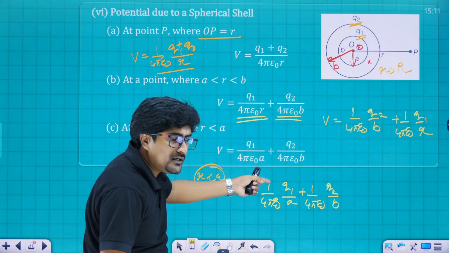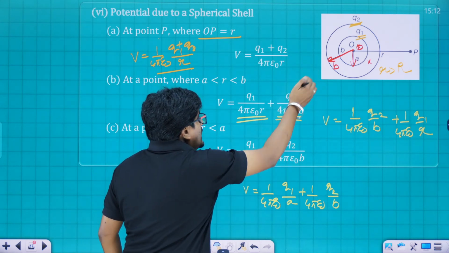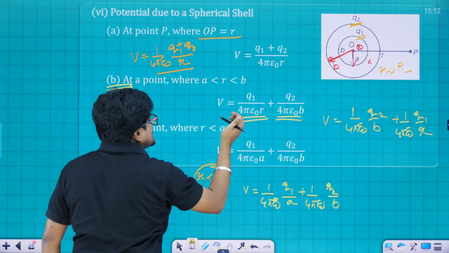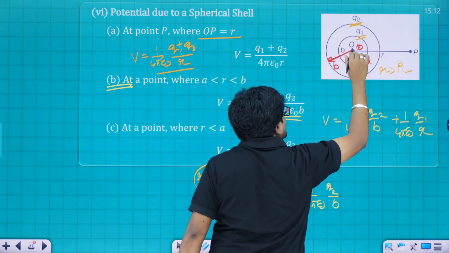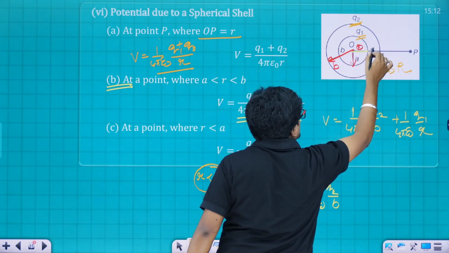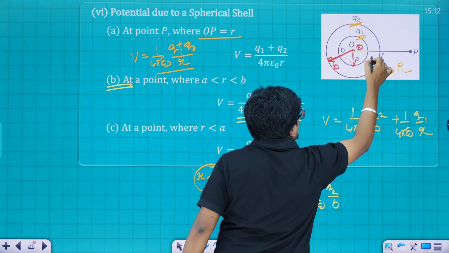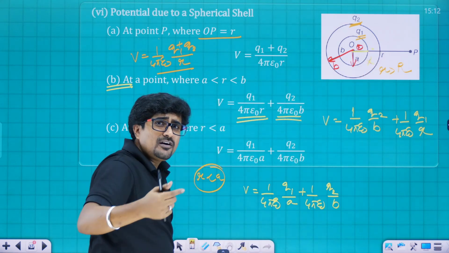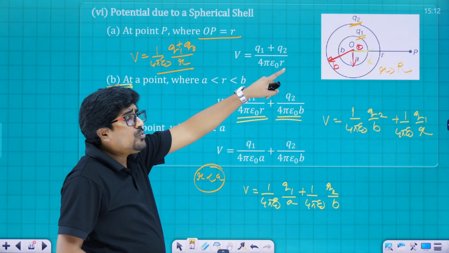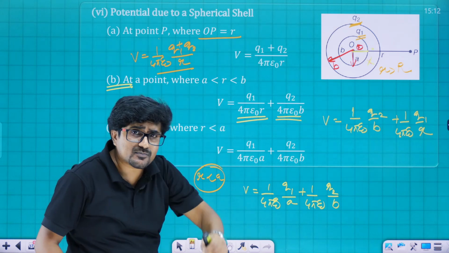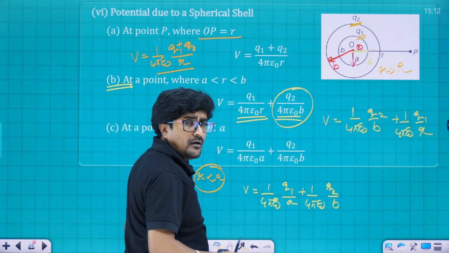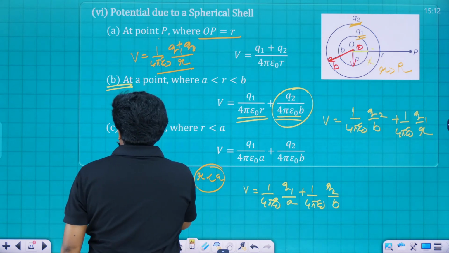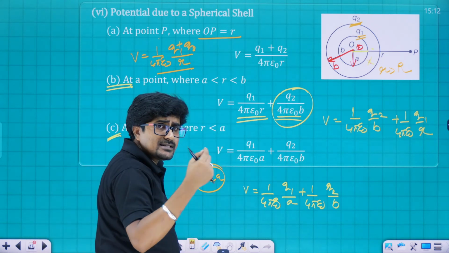Exactly the same thing is happening here. In this case we had a point inside B and at a greater distance than the inner sphere, the point was somewhere here, greater than small letter a and less than b. So due to the bigger one of radius small letter b, it's going to be the same as that on the surface of B only. And here in this case number 3, the point is at r less than a.